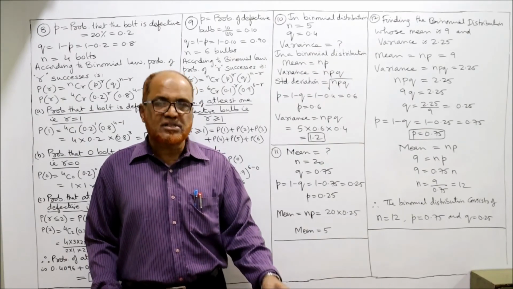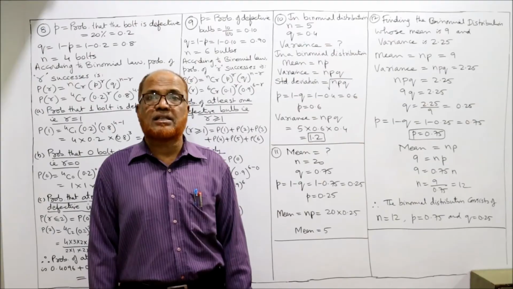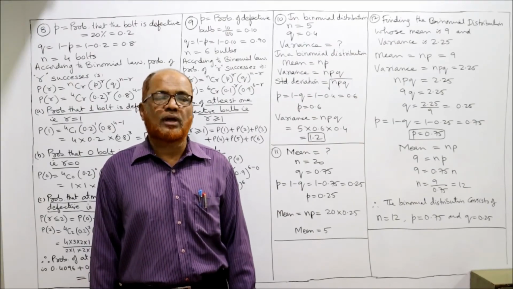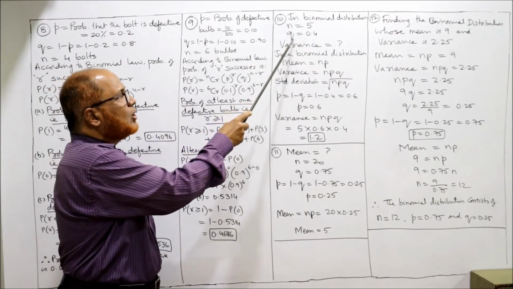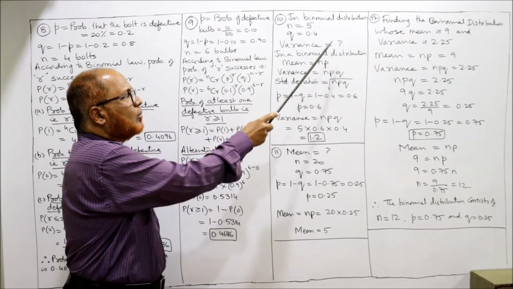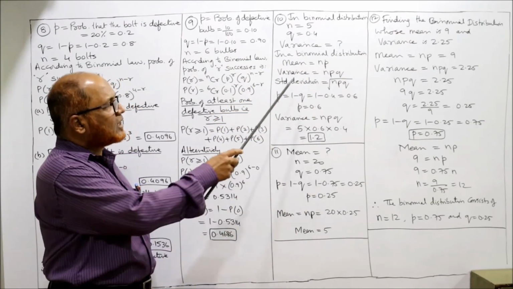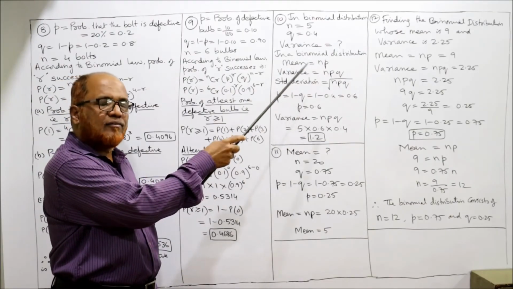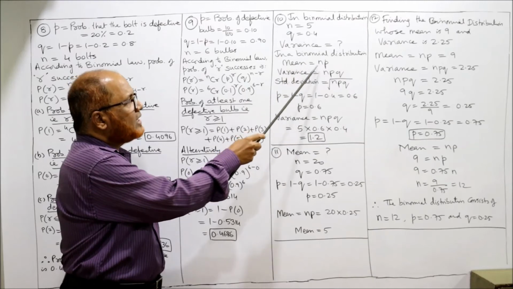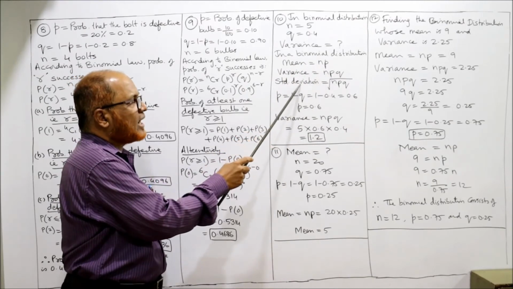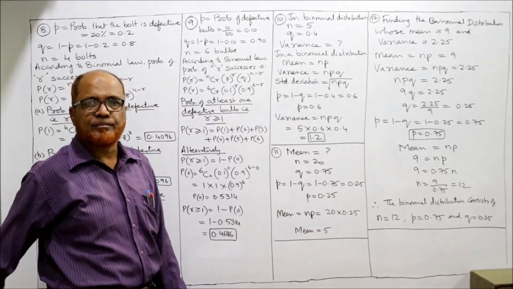So here in this problem, it is asking you to calculate the variance, npq, right? In a binomial distribution n is 5, q is 0.4, variance is how much? I have written the complete formula, already explained in the theory video. Mean is np, variance npq, standard deviation root of npq.